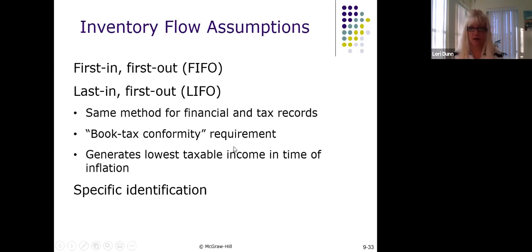What we do want to talk about is how you can remove inventory. This takes us back to financial accounting. So companies can remove inventory for tax purposes under first in, first out. So as they sell inventory, they remove it and deduct the cost of it. They also can use last in, first out, which is really a method that was developed by Congress for tax purposes.